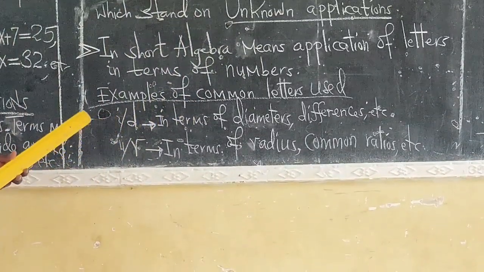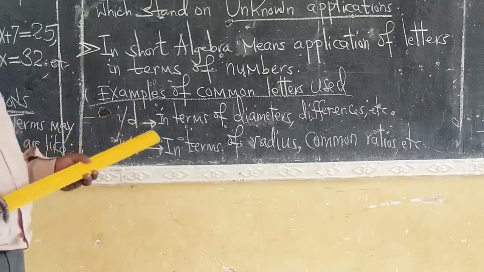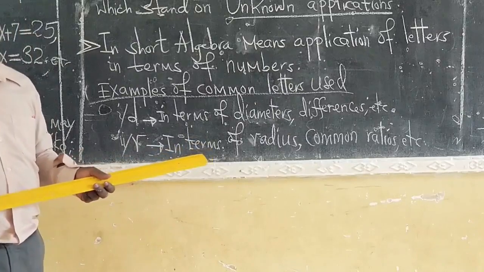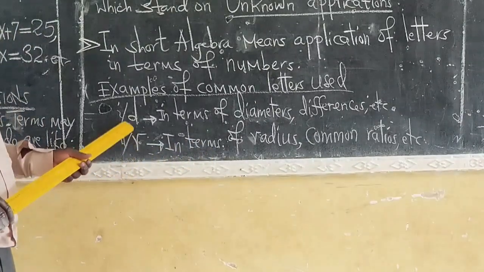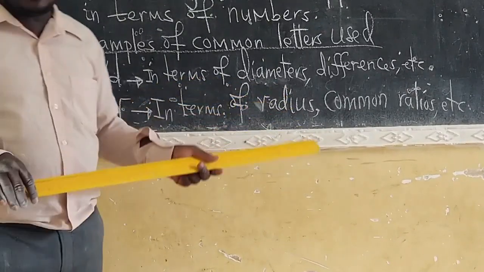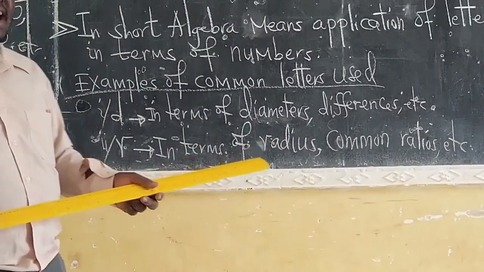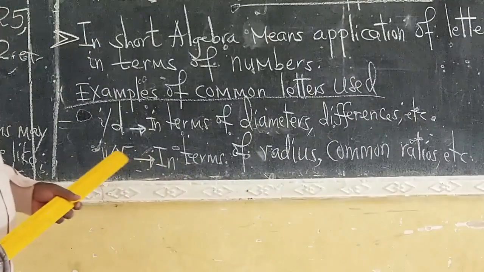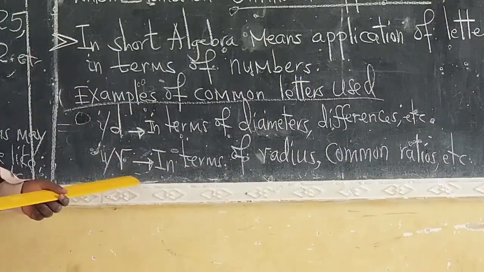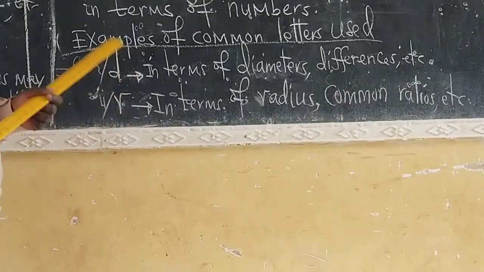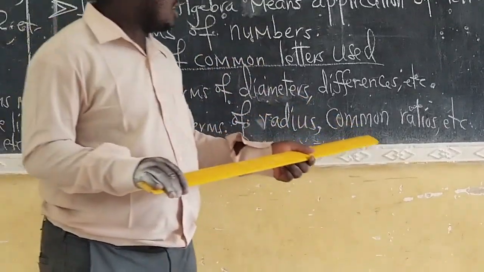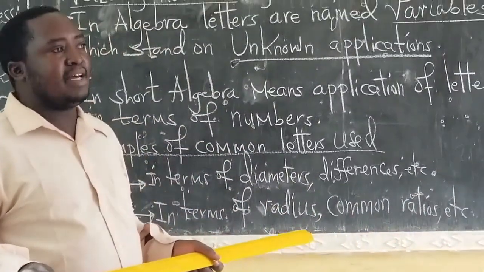Examples of common letters used. These are examples of the letters we use commonly in mathematics. You will see use of D, which is commonly used in terms of diameters, differences, etc. But also you will see the use of the letter R, variable R, in terms of radius and common ratios.